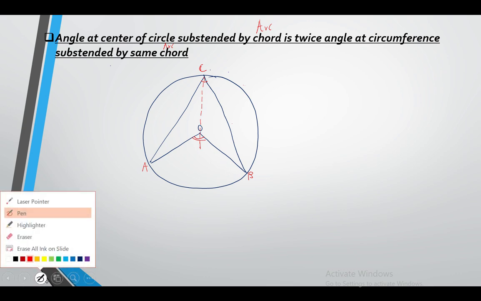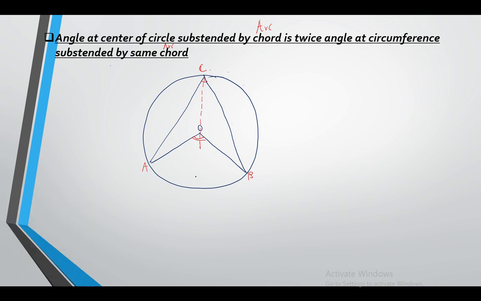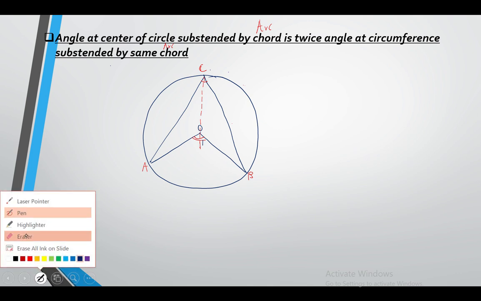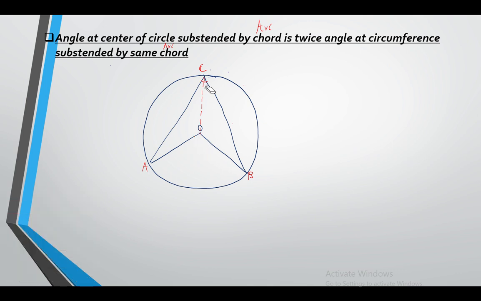Then I want you to say this is 1, this is 1, and this is 2. Let me erase, I don't want you to get confused. Remember I said you must join a line CO and extend.